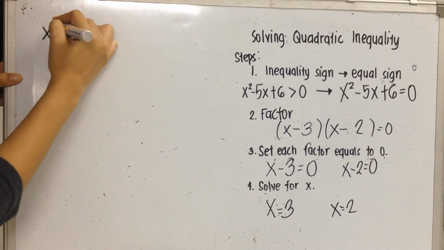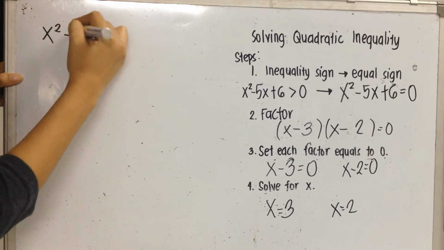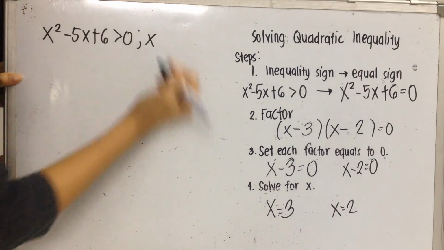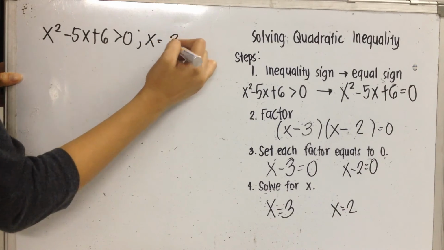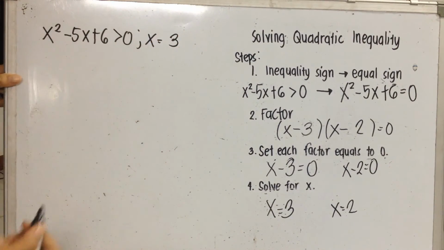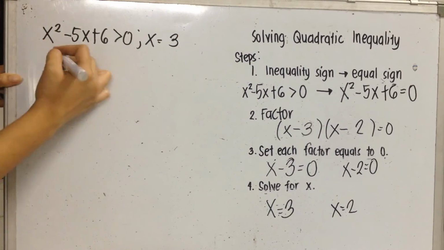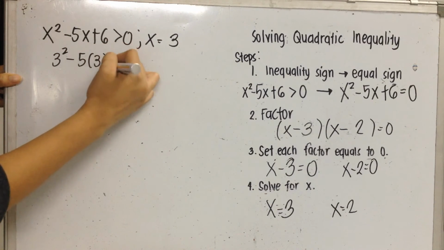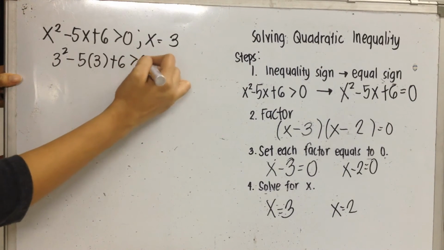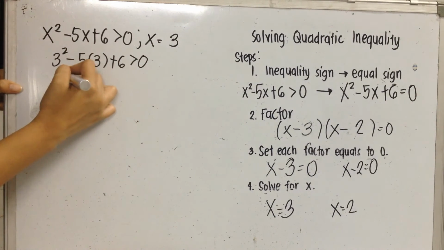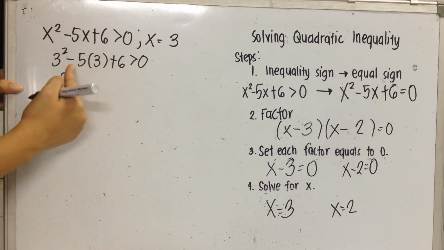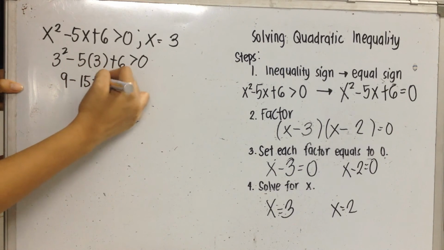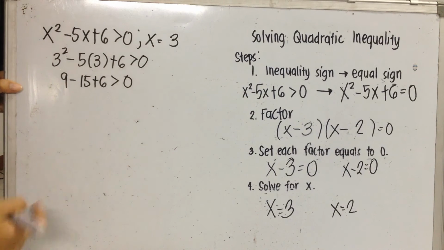So, write the given equation wherein x, unahin natin yung 3. So, substitute natin. Lahat ng x, papalitan natin ng 3. 3 squared minus 5 times 3 plus 6 is greater than 0. 3 squared, that is 9. Minus negative 5 times 3, negative 15 plus 6 is greater than 0.